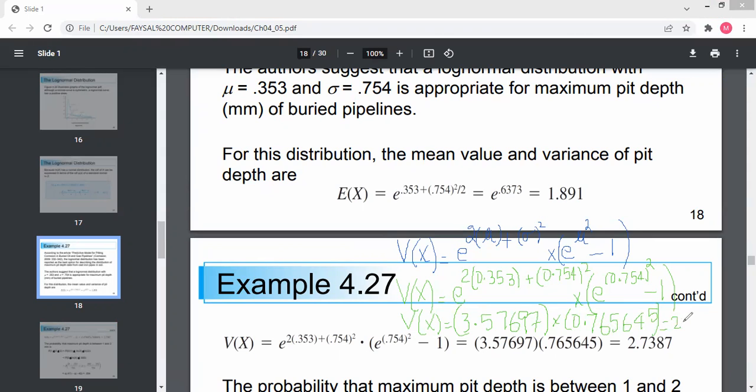This will be 2.7387 respectively. So this is how we find the value of V of X and E of X for my system. Okay.